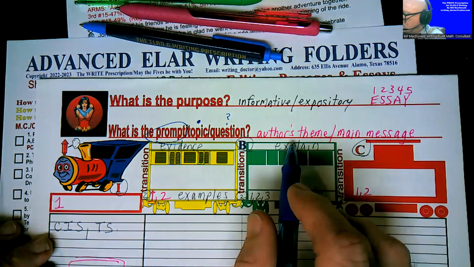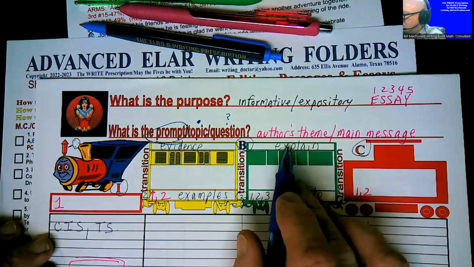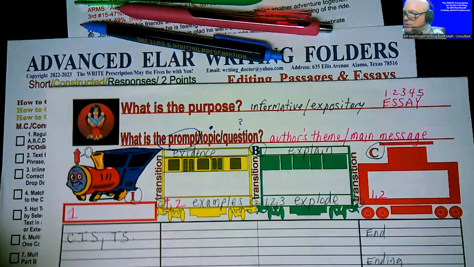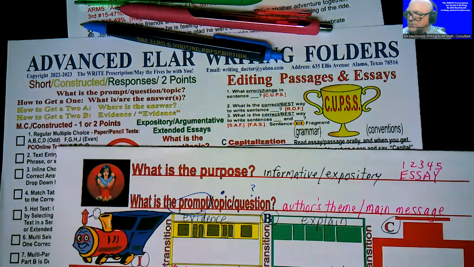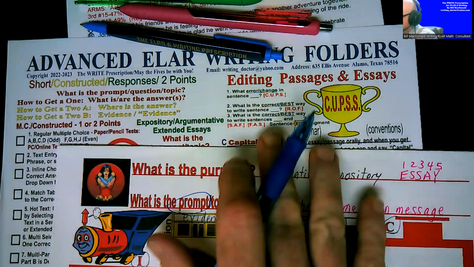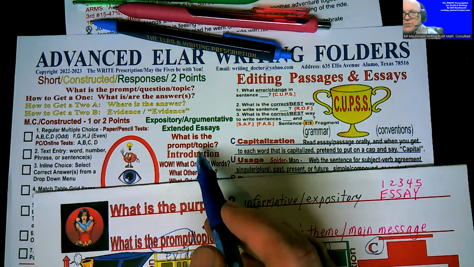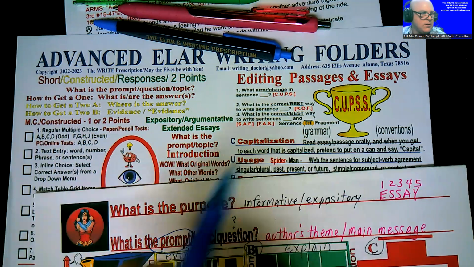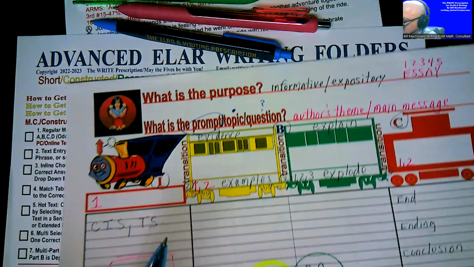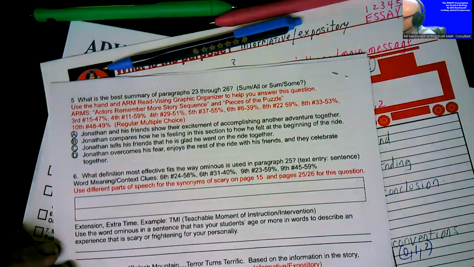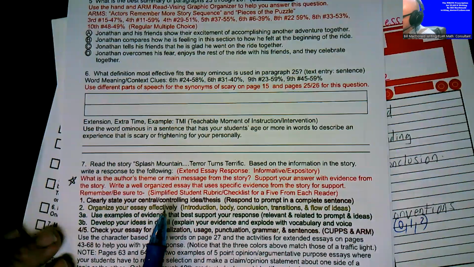And so we're going to read in a moment that it's the author's theme, the main message. Okay, so you have to know that. So right away, you see what is the author's purpose, or what is the topic. And so with that in mind, we will then work our way down.